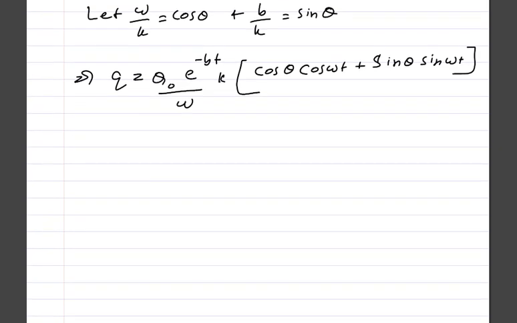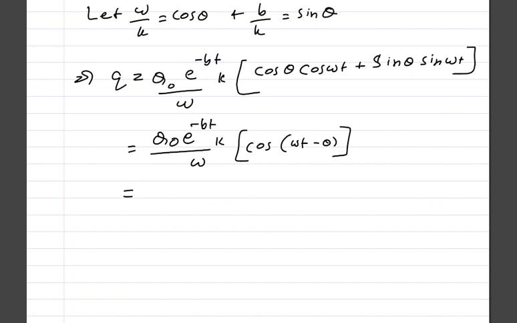And that is, you use the sum into products formula for trigonometric identities, and that is q naught into e to the minus bt by k in k by omega cos of omega t minus theta.